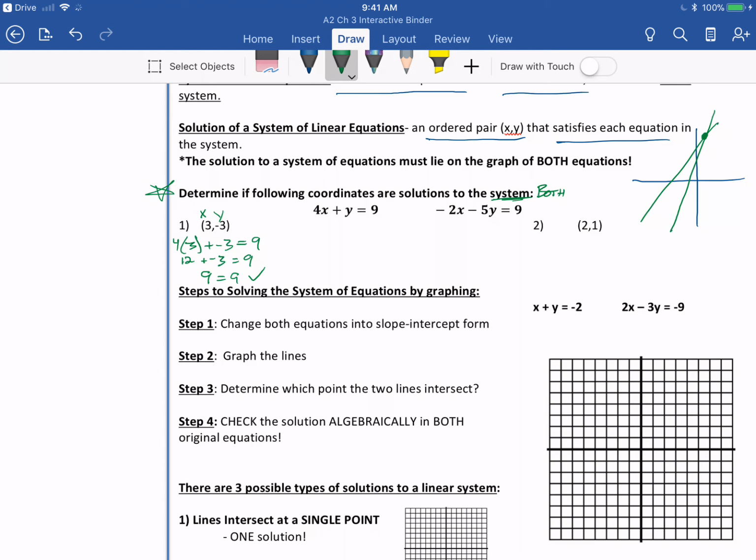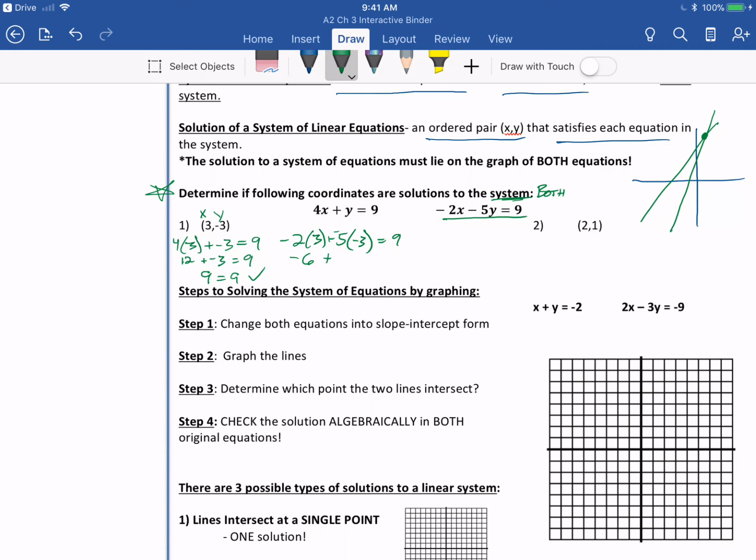But now, in order for it to work in the whole system, it's also got to work in this one over here. So now I have -2 times 3 minus 5 times -3. Is that also equal to 9? If I plug this in, I get what? I have -2 times 3, which is -6.